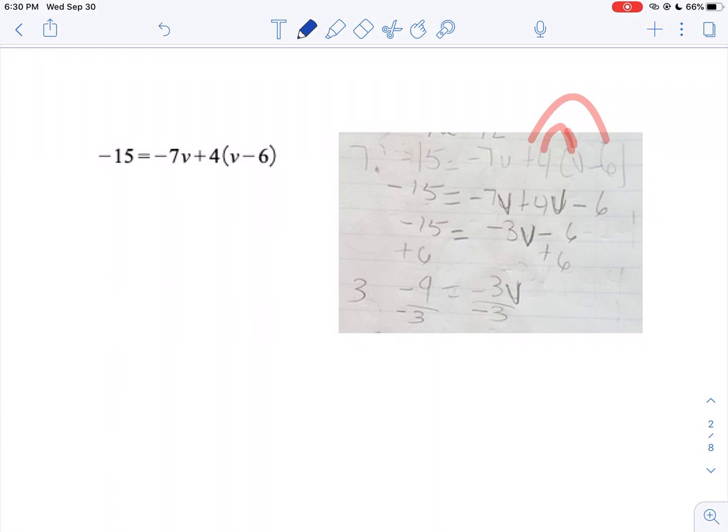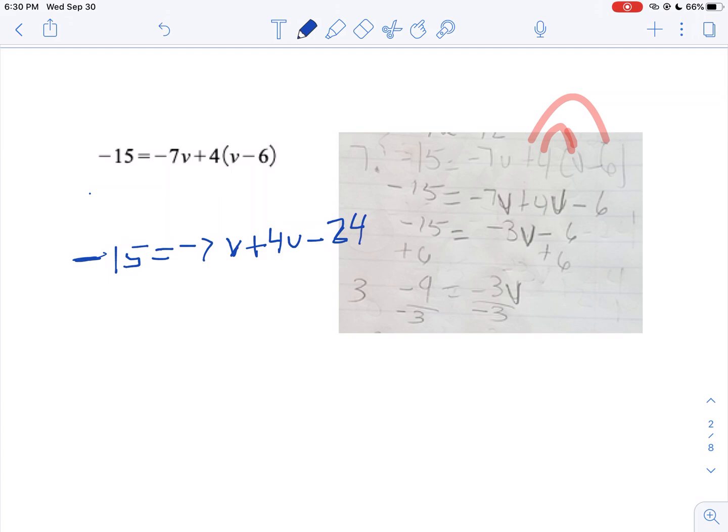So then we're going to say negative 15 equals negative 7v plus 4v minus 24, because 4 times 6 is 24.